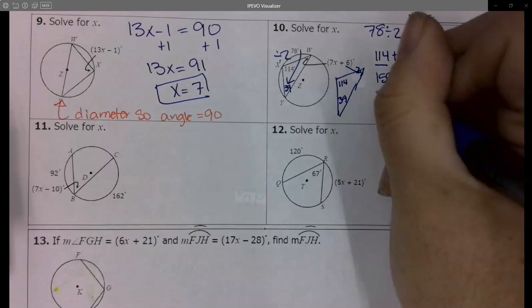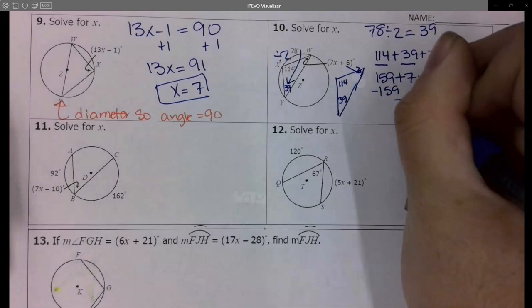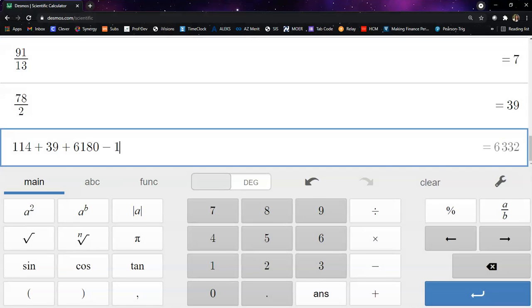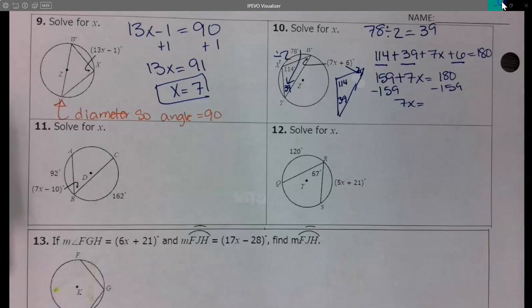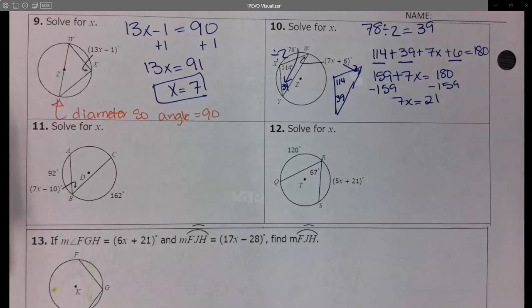Then I want to go ahead and subtract 159 on both sides. So I get 7x equals, I don't know what that is. 21.